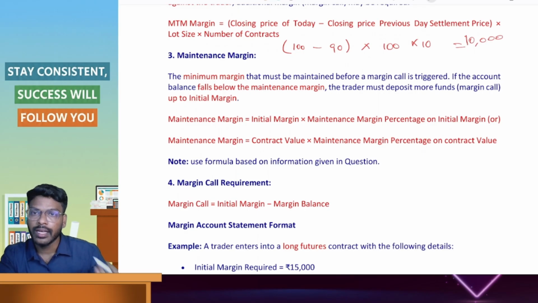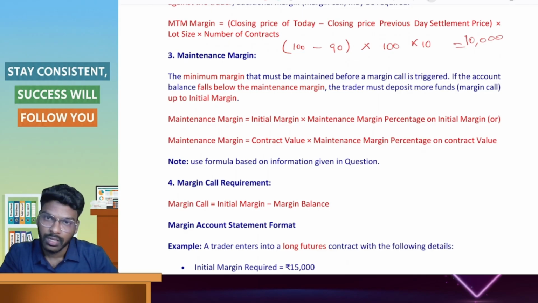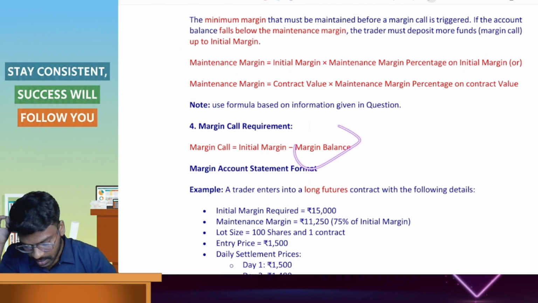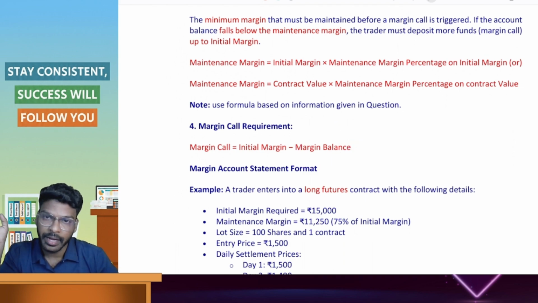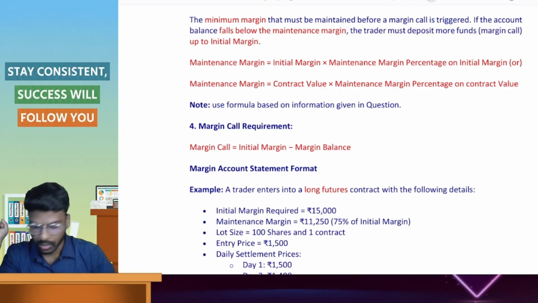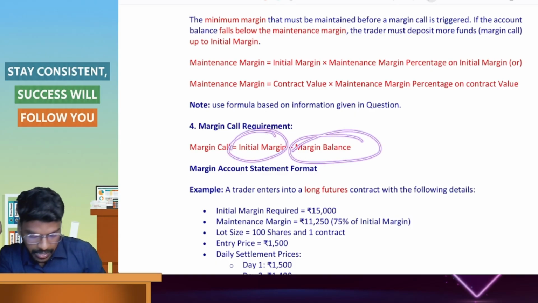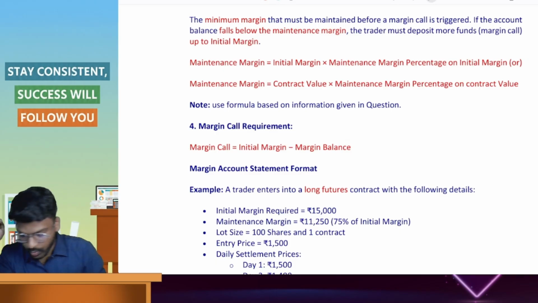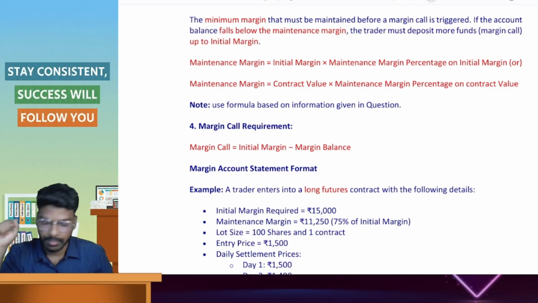In case of loss in price movement, initial amount minus loss amount will give you the margin balance. If margin balance falls below the maintenance margin, the investor has to bring the amount up to the initial margin amount. So initial margin amount minus margin balance will give you the margin call, that is call money.